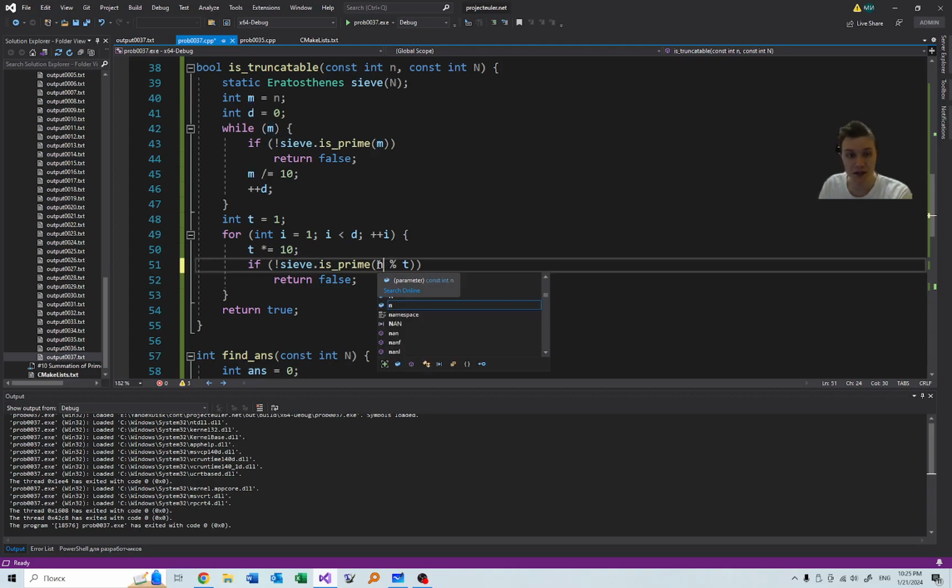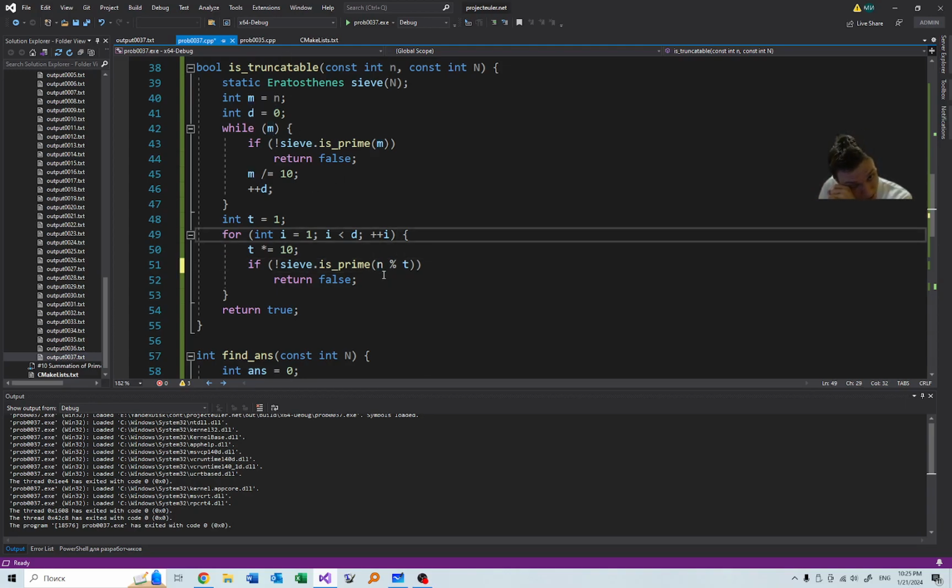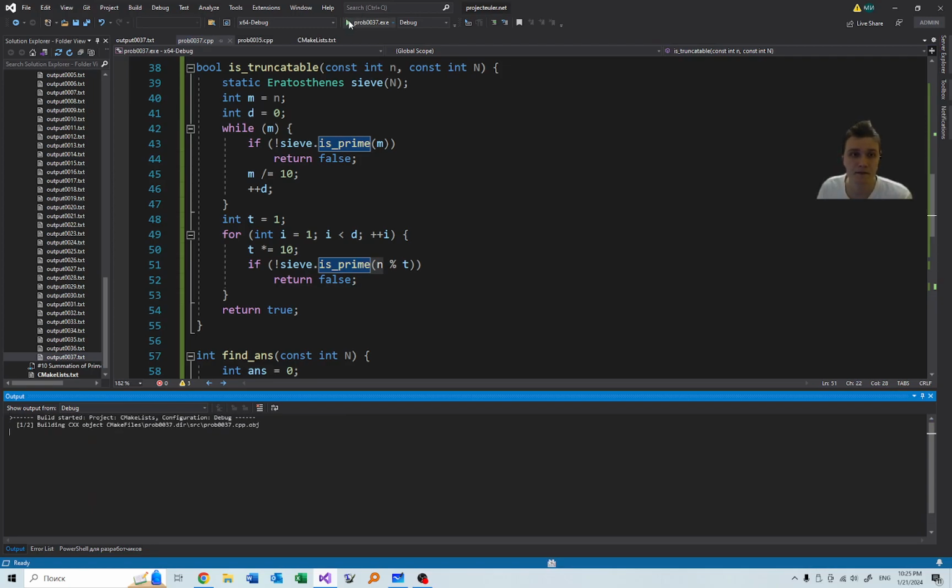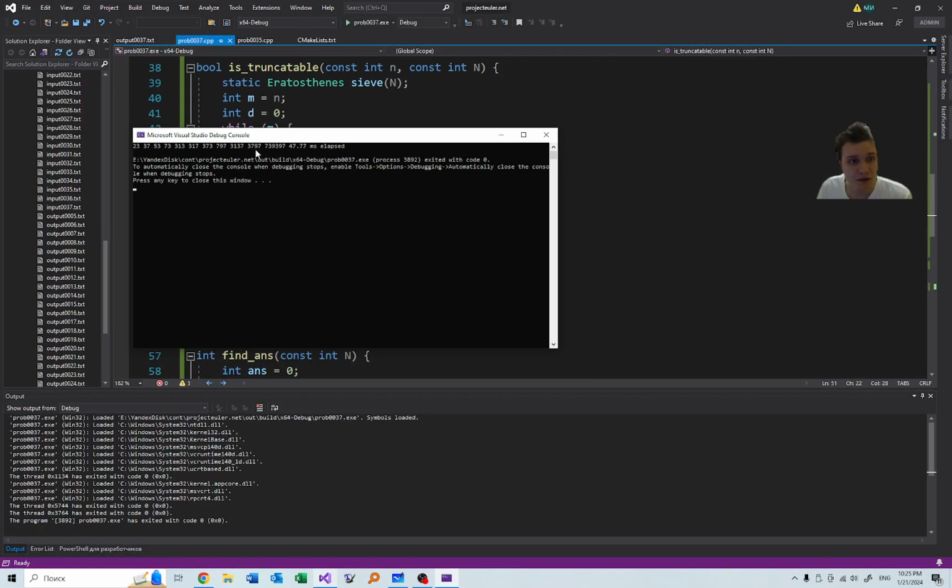Because it should be n here. Of course, when I look at m, m is 0 already. Okay, now it works, and we indeed found 11 numbers.